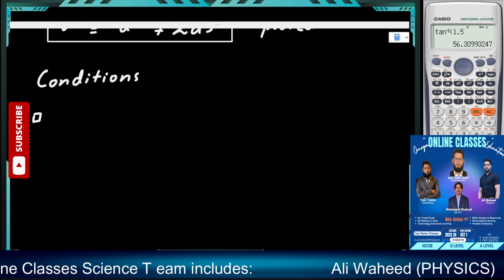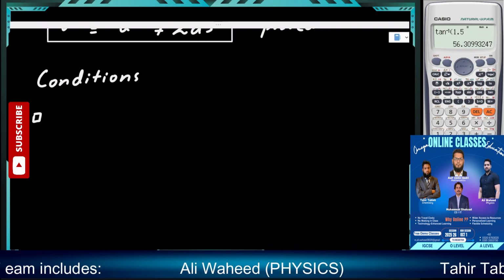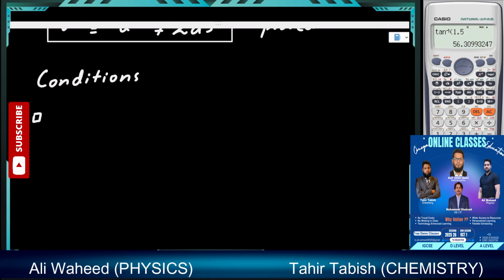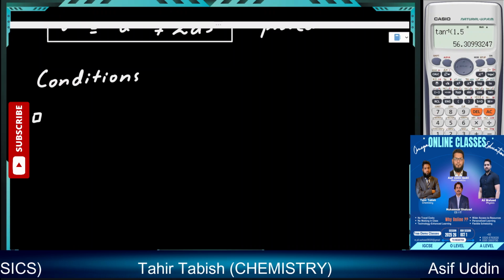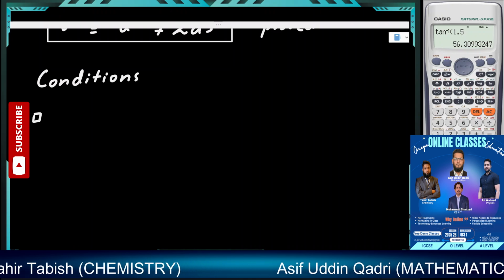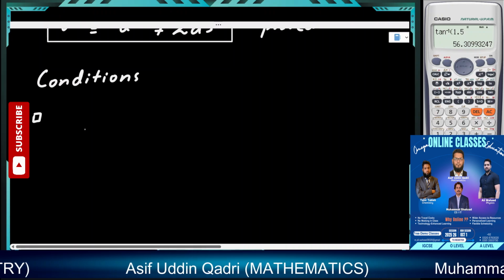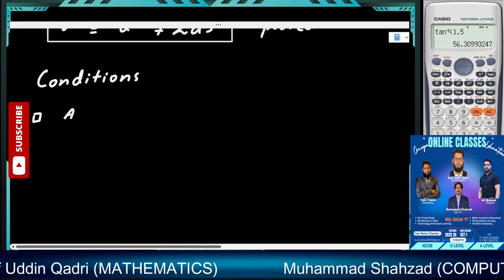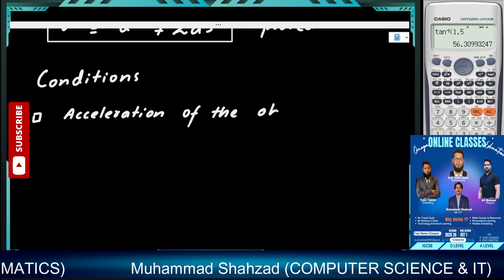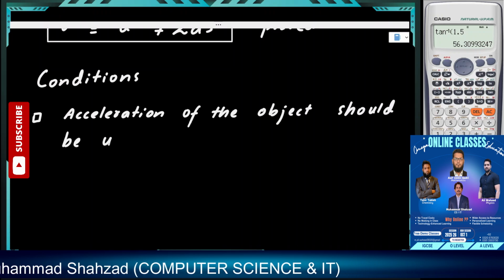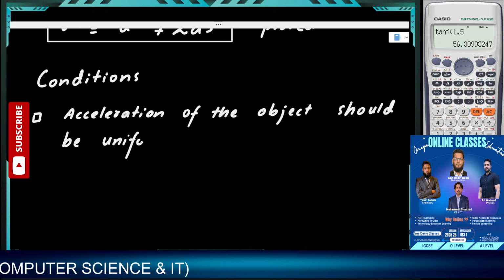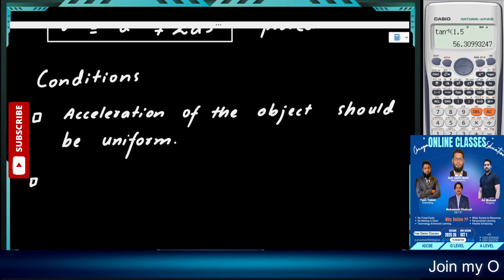The first one is that for the object for which you're applying the equation of motion, the acceleration of the object should be uniform. This is one of the conditions. Acceleration of the object should be uniform.